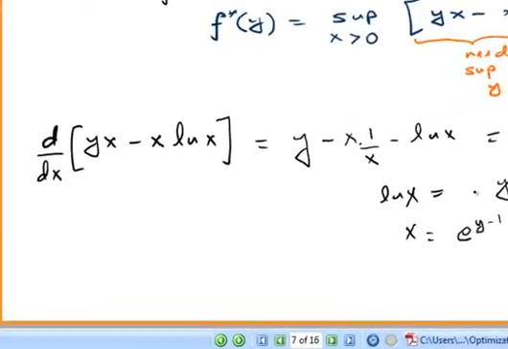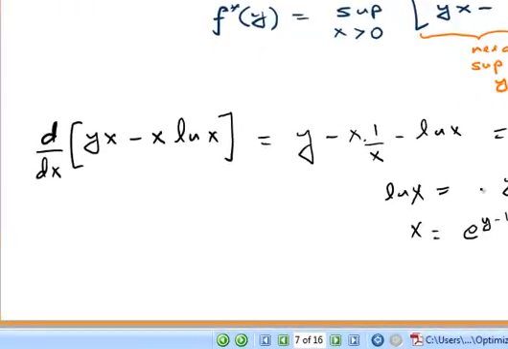This is saying that we only have one critical point. Correct? Then you may find the second derivative. If you find the second derivative, what do you get? This one will be 0 because it's constant with respect to x. x over x is just constant, that's 1. And what do you get? Derivative of this. So we get minus the derivative of log of x, which is just 1 over x, right?